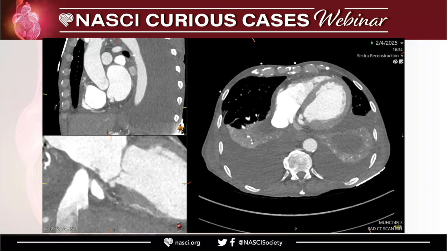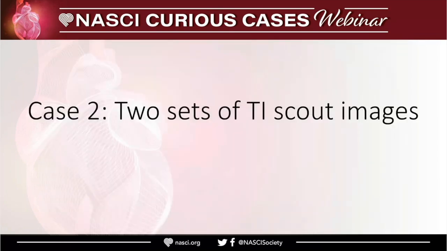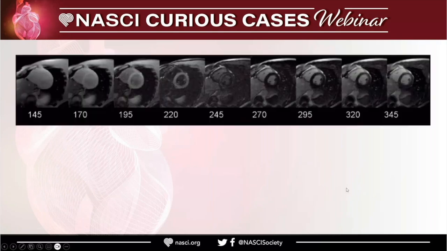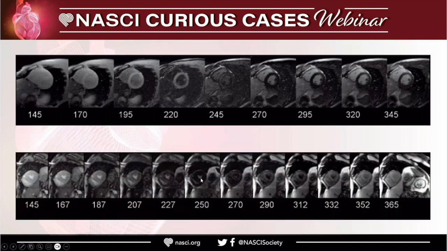Okay, so I have put this T2 scout. Dr. Kavakus already talked about it. So this is a normal T2 scout. I'll quickly go through it unless somebody has any comment. The blood nulls before the myocardium, and when you have the opposite, the blood nulls after the myocardium, then you think about infiltrating disease.